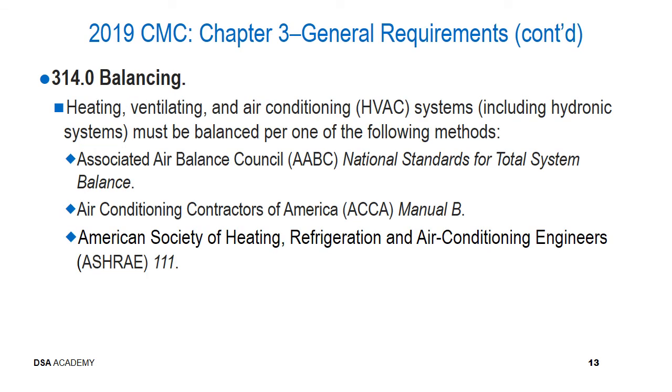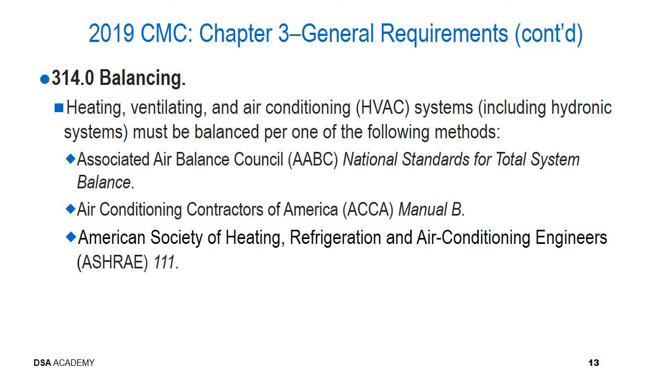The California Mechanical Code continues to require that all heating, ventilation, and air conditioning systems, which includes hydronic systems, must be balanced. And contractors are permitted to use one of a variety of methods to perform this.